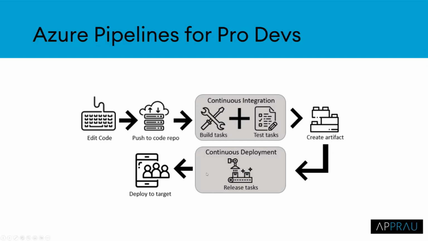I'll go into a bit more detail about environments, but typically you will have development, test, and production. I've seen some organizations have like five different environments to manage the whole application development process.